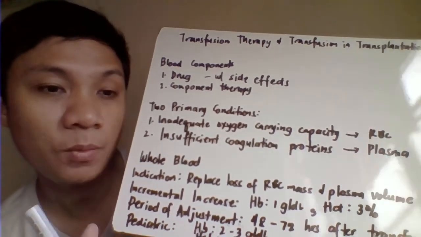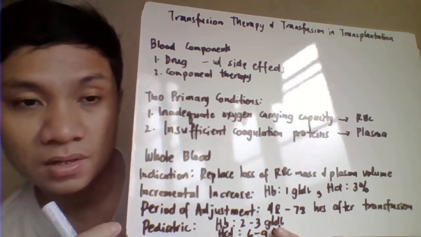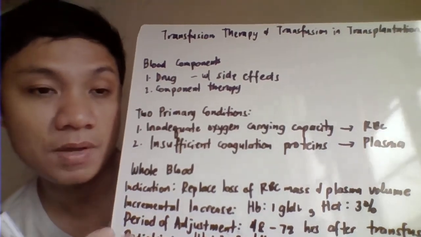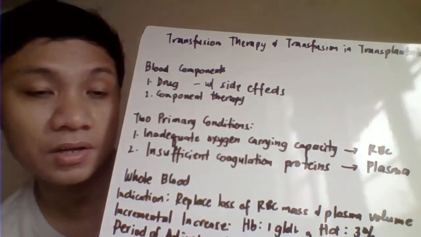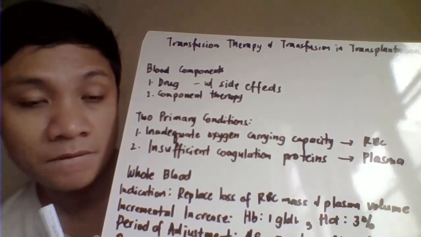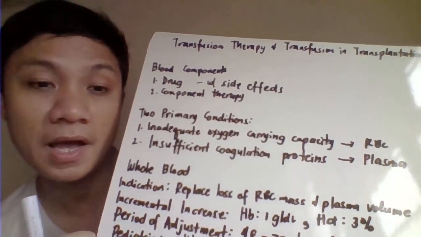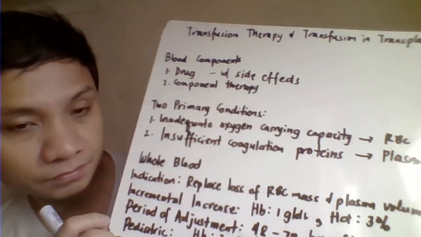On the other hand, some patients would be given a unit of blood because they have a problem with the coagulation factors. Most likely what we give to them would be the plasma products. You could have fresh frozen plasma, platelet concentrate in the case of a platelet problem, or cryoprecipitate antihemophilic factor, which are also derived from our plasma products.